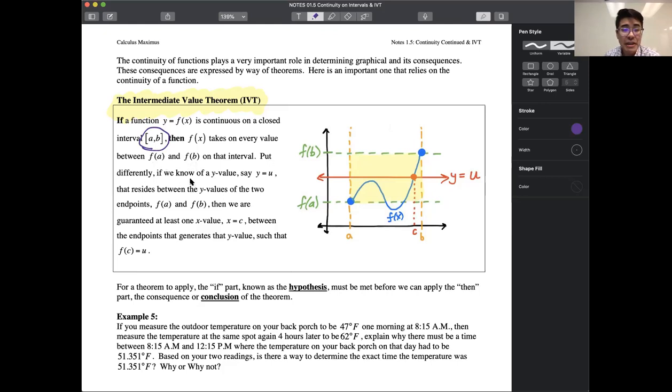Put differently, if we know of a y value, say y is equal to u, that resides between the two y values of the two endpoints, f of a and f of b, then we are guaranteed at least one value c between the endpoints that generates that y value such that f of c is equal to u.